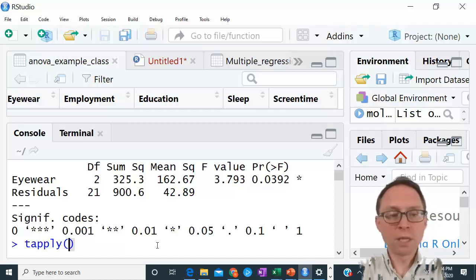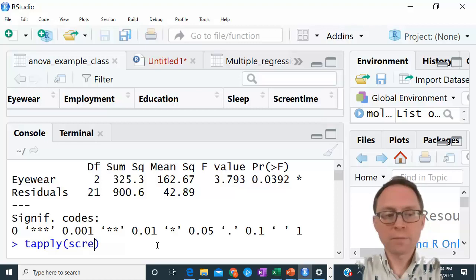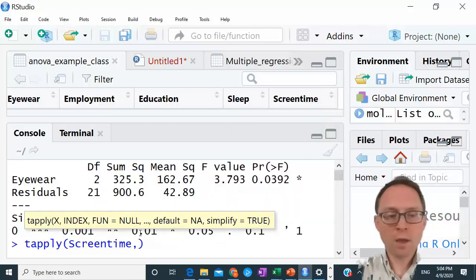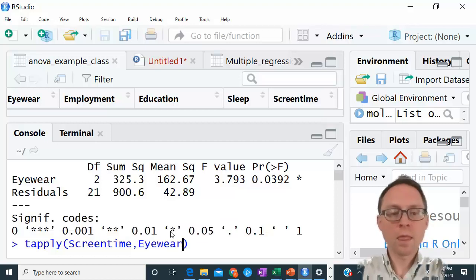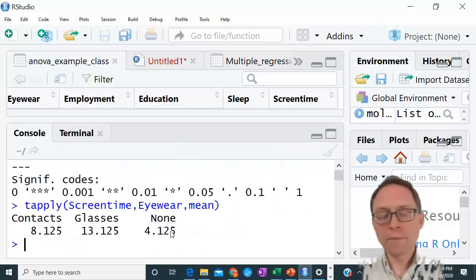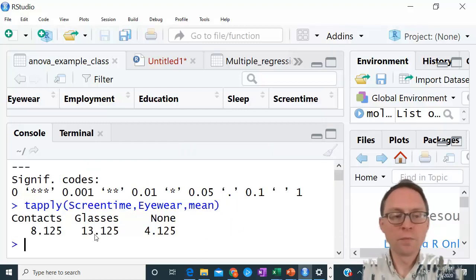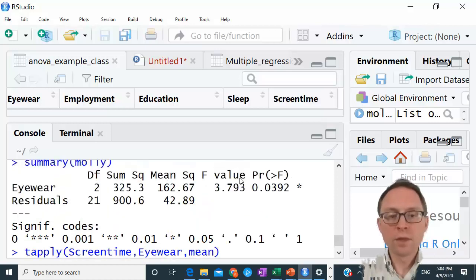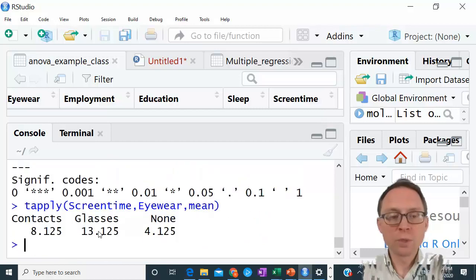So I need the mean of screen time, comma, which is divided by eyewear, comma, and I want the mean. When I do that, it gives me the mean amount for each one. Now this is telling me that there is a significant difference, because this p-value is less than 0.05, between at least one of these means and one of the others, and I don't know which ones.